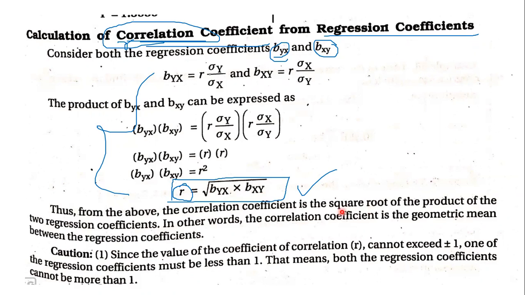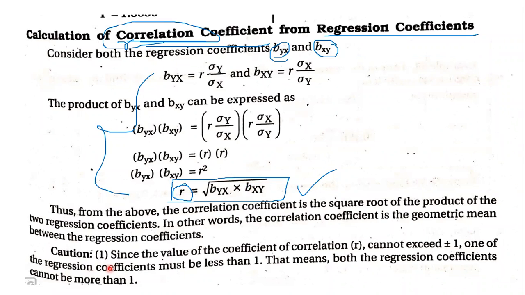In a statement question, they can also give this statement: the correlation coefficient is the geometric mean between the regression coefficients. Now, how do we find the geometric mean? We use the same formula, that is square root of one coefficient into the other coefficient.